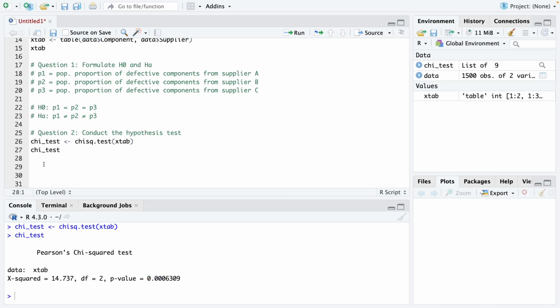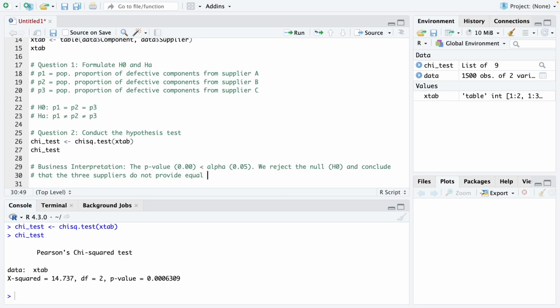So let's go ahead and write out our business interpretation. Because the p-value is less than alpha, we do reject the null, and that means this is false and this here is true.